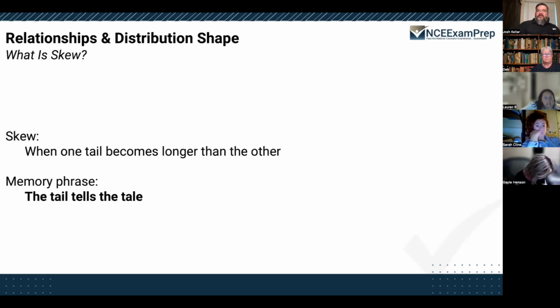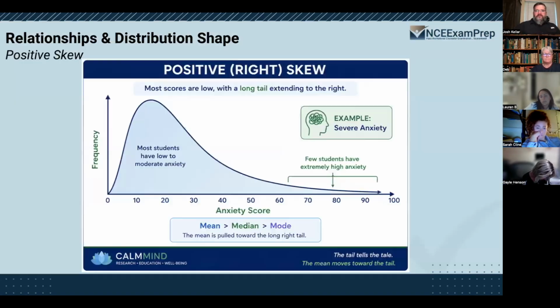So when one tail, remember talking about the curve, the tail is the part on the ends, when one tail becomes longer than the other, the tail tells the tail. That's the phrase I want you to remember. This is the mnemonic device. The tail tells the tail means that the mean, we talked about means last week, the mean average is going to go in the direction of the tail.